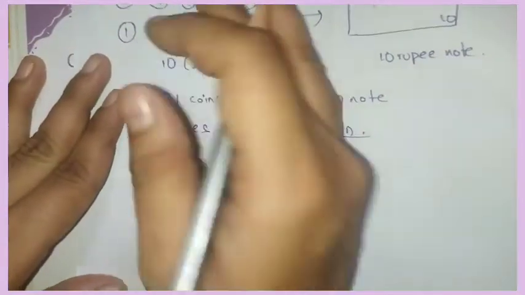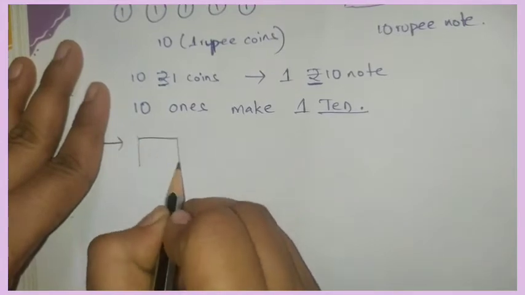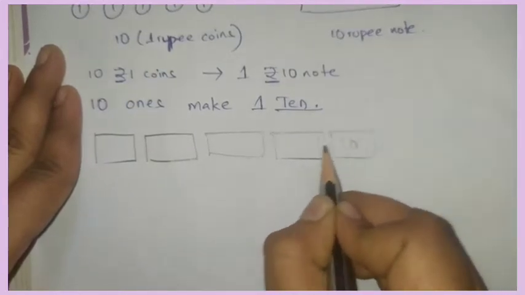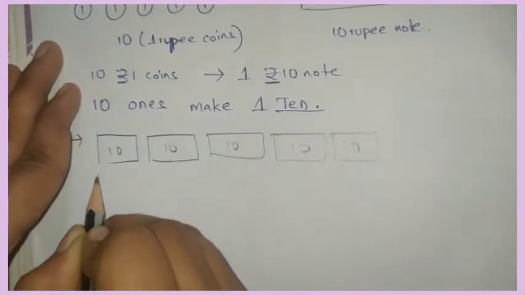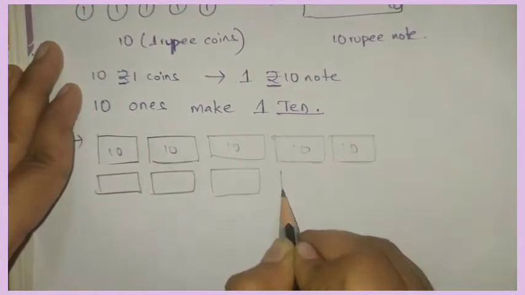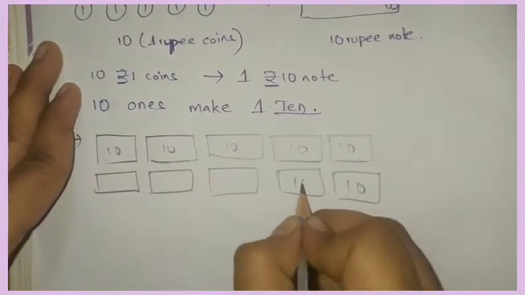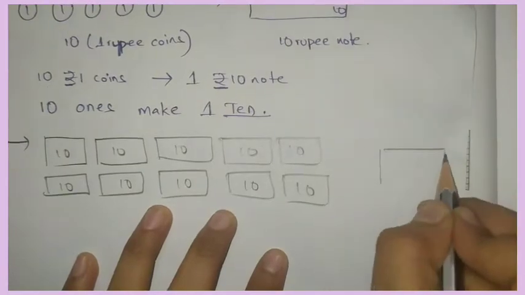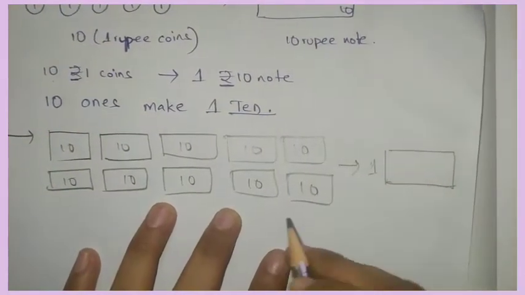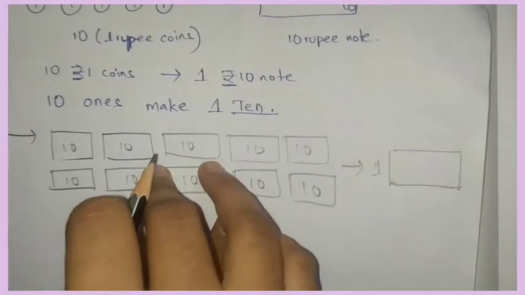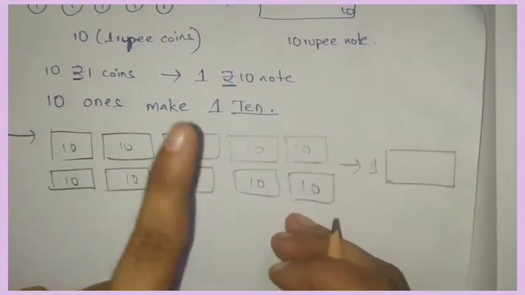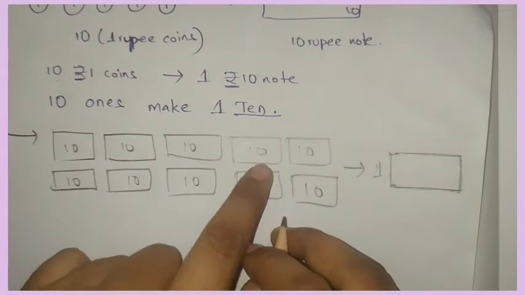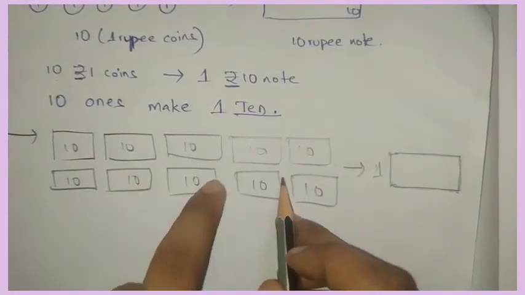Same like this, if I have 10 rupee notes and I give all these 10 rupee notes to the shopkeeper and ask for only one big note, which note will he give? 10 plus 10 plus 10, 40, 50, 60, 70, 80, 90, 100.